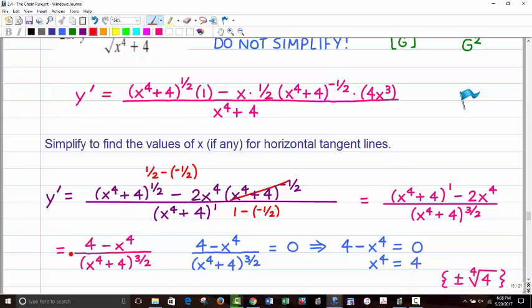So we have 4 minus x to the 4th over that denominator. Remember we learned in the quotient rule section that when you're setting a fraction like this equal to 0, we only care about the numerator. The bottom doesn't matter.